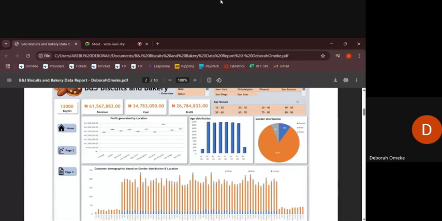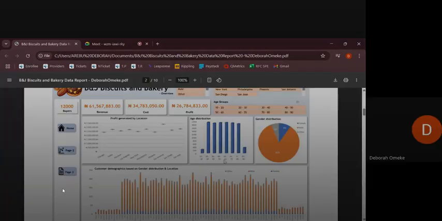But I would say that all 10 locations did pretty well. So moving on, we can see the age distribution. We can see clearly on the chart that most of our buying customers were between the ages of 20 to 80. Buyers within the ages of 10 to 20 and 80 to 90 were not really many. So we can conclude that from age 20 to 80, that's where we had more buyers.